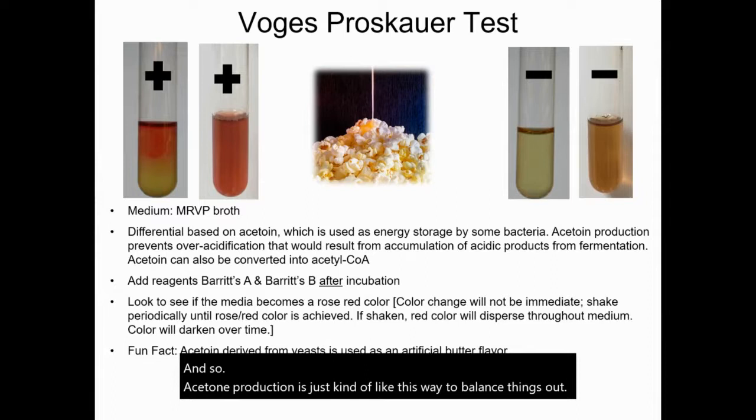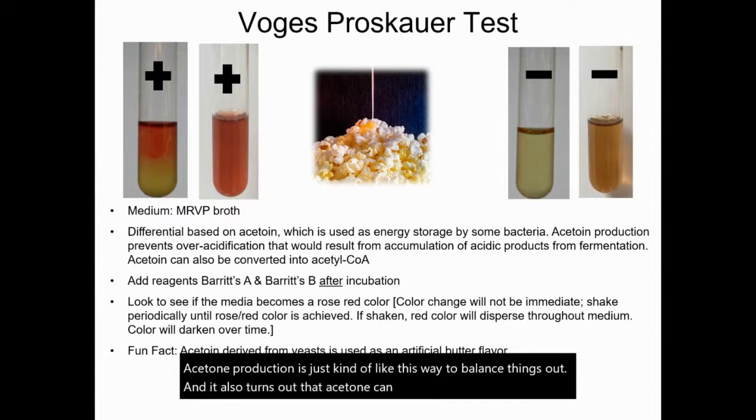It also turns out that acetone can be used as a form of energy storage for some bacteria, and other organisms actually convert acetone into acetyl-CoA, which may sound familiar because that is the molecule that goes into the Krebs cycle during respiration.